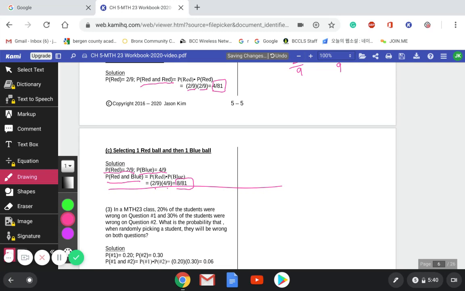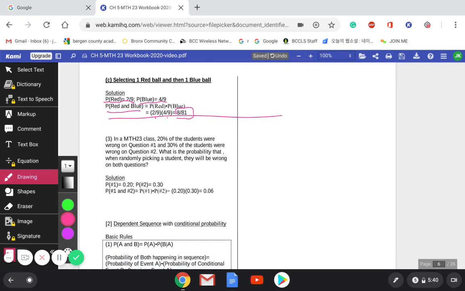Okay, that's good. Now let's look at some word problem type, a more complex form of independent compound events, multiple events. Example 3 says that in a Math 23 class, 20% of students were wrong on question number 1, and 30% of students got question number 2 wrong on a test.